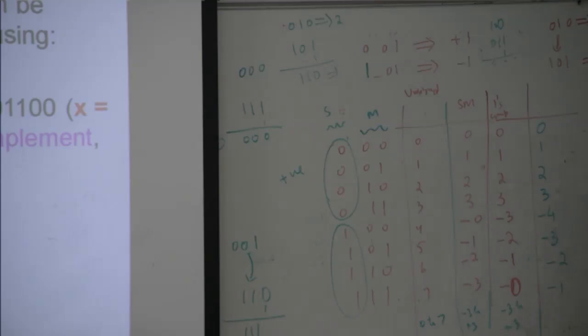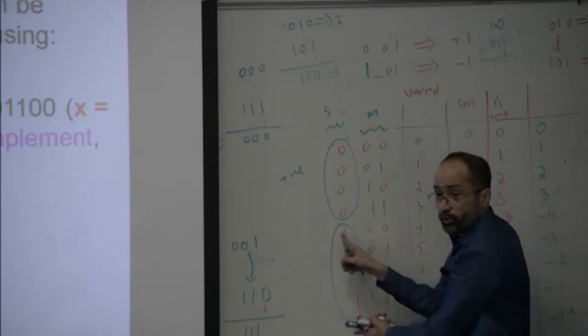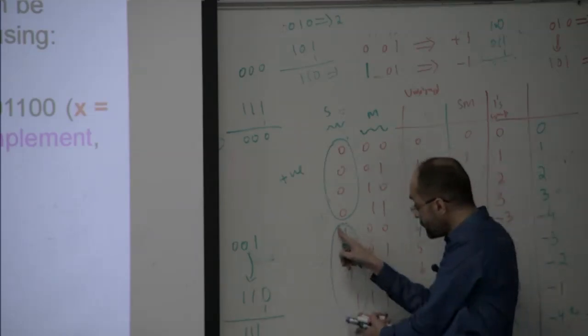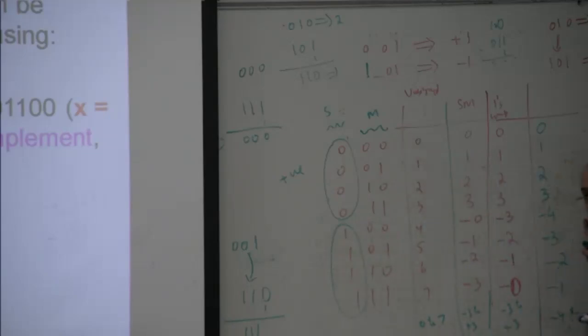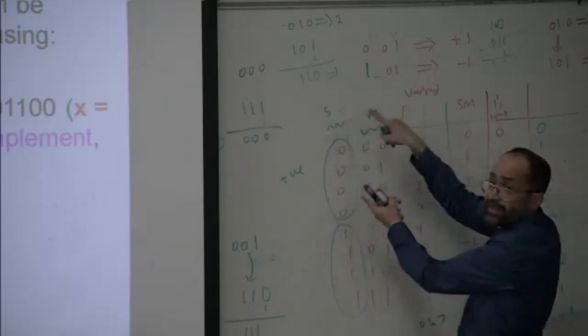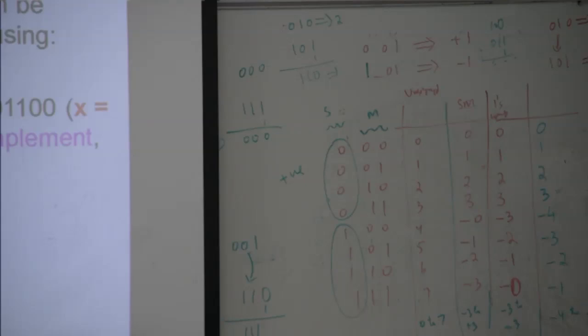But in 2's complement we have an addition. It is minus 4 to plus 3. And when the sign bit is 1, in all of the possible cases, it represents a negative number, and when it is 0, it represents a positive number. Got it?